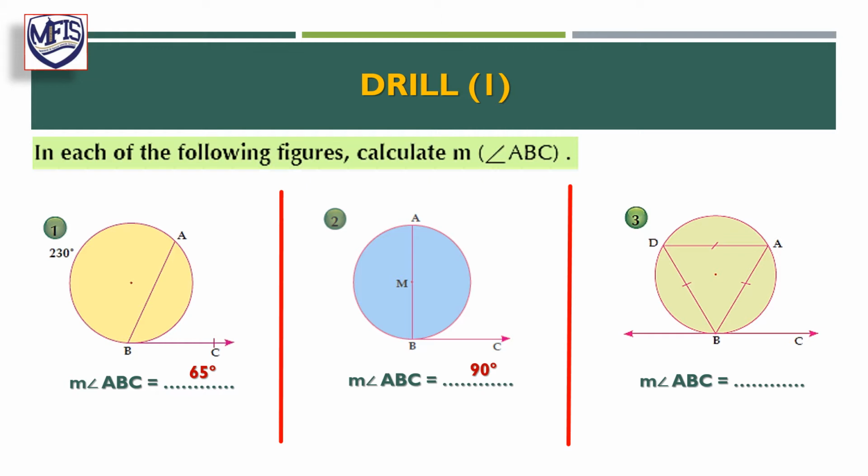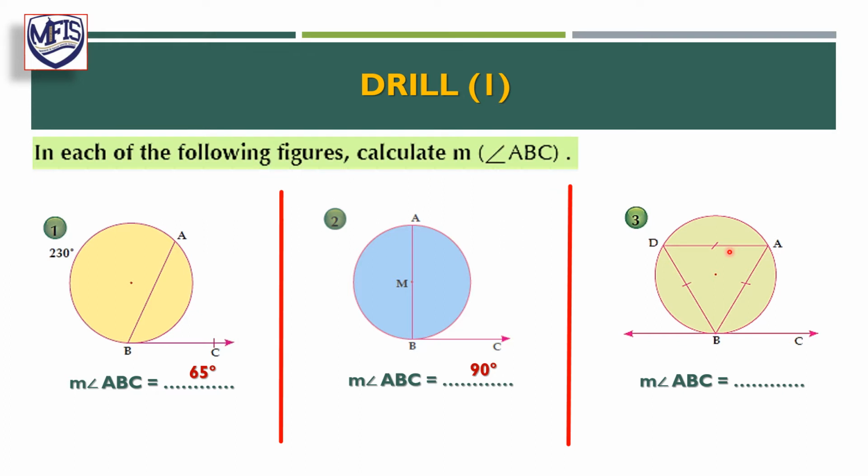What about number 3? Angle ABC here is an angle of tangency also, this angle. Measure angle ABC equals half measure arc AB. What is the measure of arc AB? Arc AB here is subtended by inscribed angle D. Then measure angle D equals half measure arc AB. Okay? Now what is the measure of angle D?